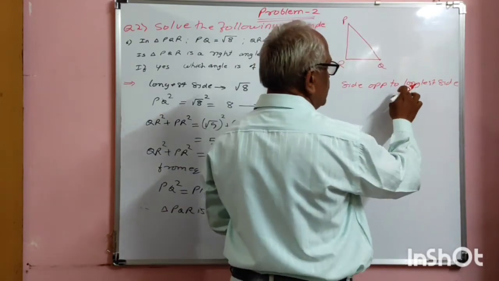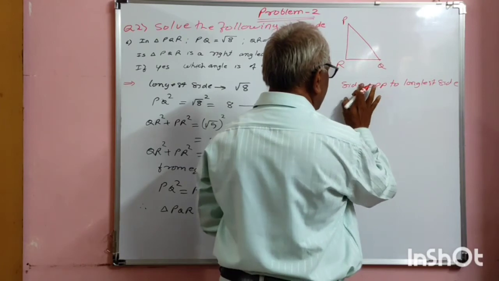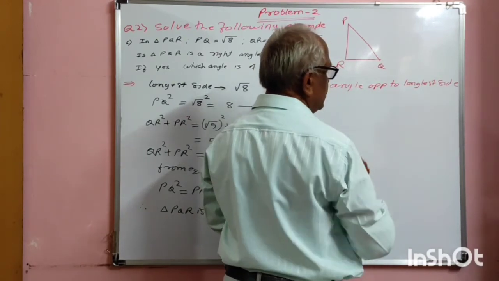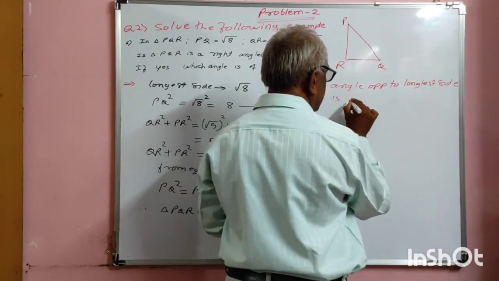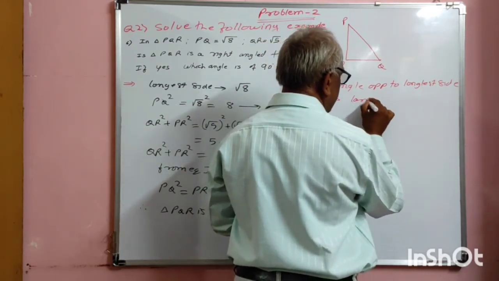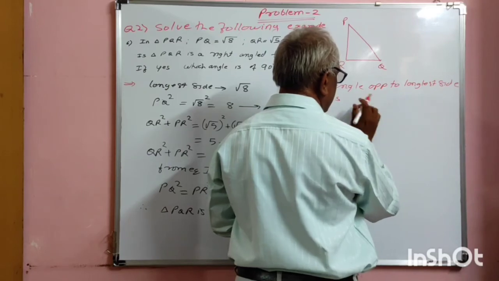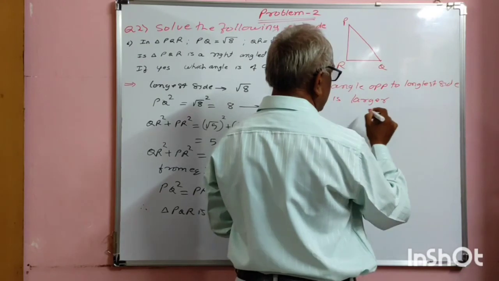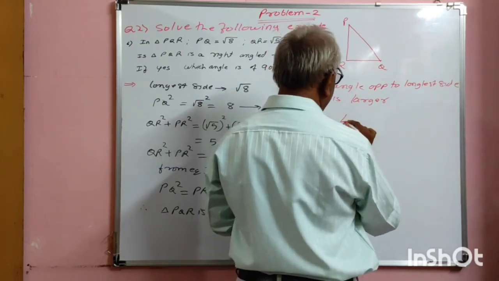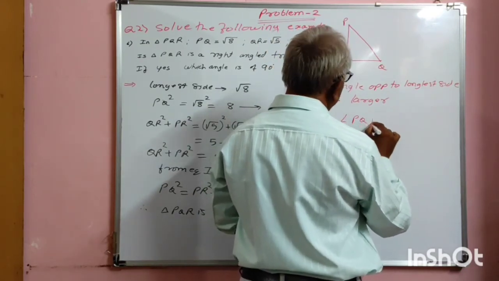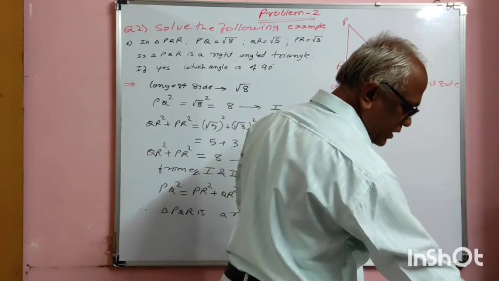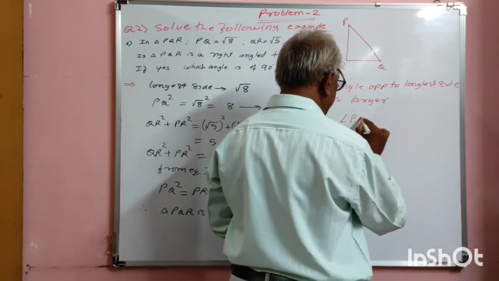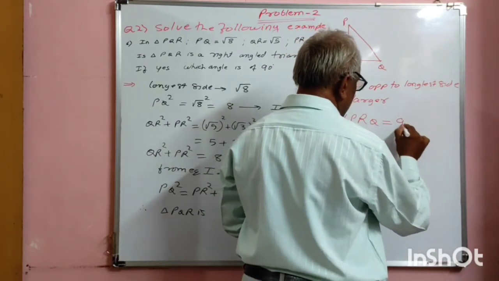The angle opposite to the longest side is largest, so angle PRQ is equal to 90 degree.